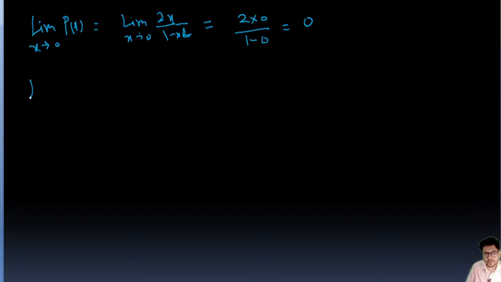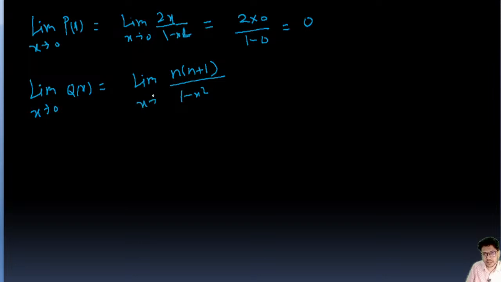Similarly we find limit x tends to 0 of q(x), which is n(n plus 1) upon 1 minus x squared. If you put the value, this is n(n plus 1) upon 1 minus 0, so that is n(n plus 1).